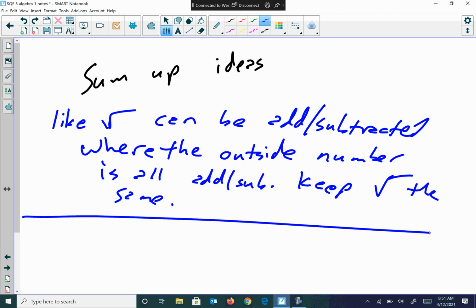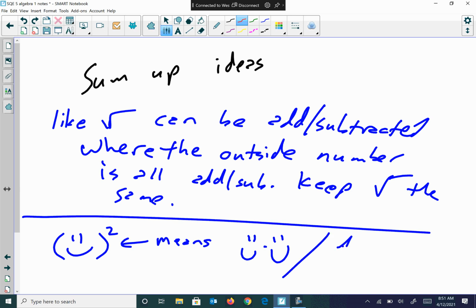So that's an idea. If we have a quantity squared, so if we had a quantity, a smiley face squared, that means we have smiley face times smiley face. Okay? What's smiley face? I don't know. I'm just kind of making stuff up. And then all the stuff from last week. It's all there. We got it all.